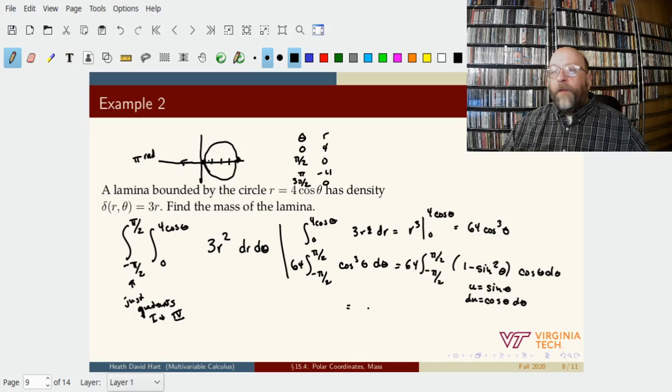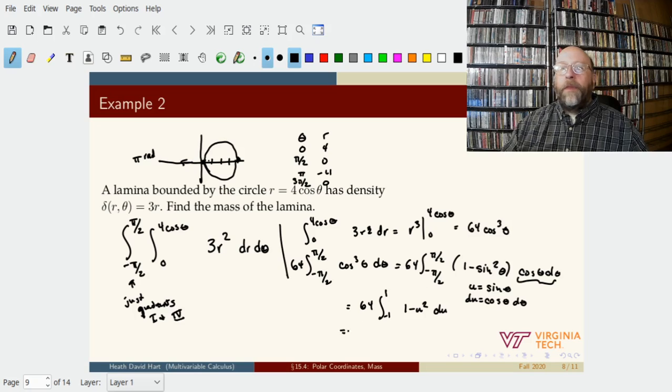And so this becomes 64 times the integral of 1 minus u squared. All of this becomes just du. But my bounds change because u is sine theta. Sine of pi over 2 is 1, and sine of negative pi over 2 is negative 1. All right, the integral of 1 minus u squared is u minus u cubed over 3, and we're going to evaluate that at 1 and negative 1.